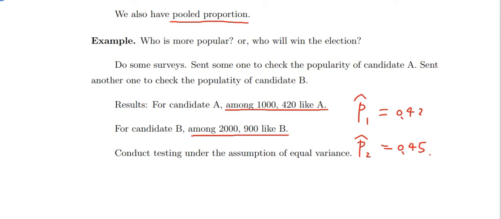So we have the evidence that candidate B is more popular than candidate A. The difference is 3 percentage points. Is this 3 points significant, or is it very small? So let's conduct this testing.